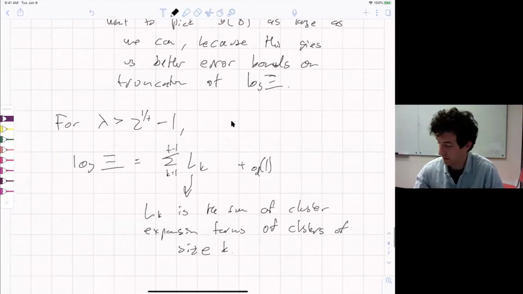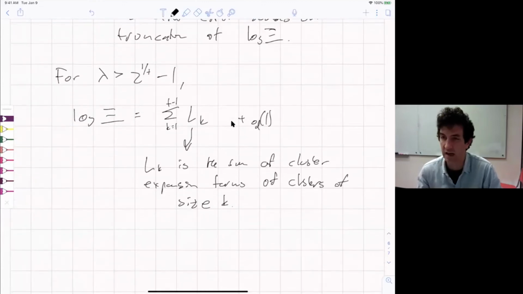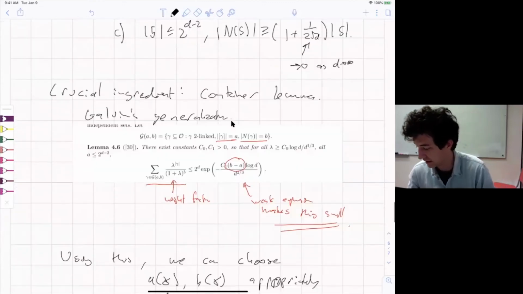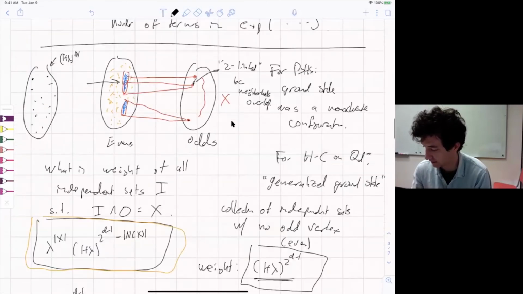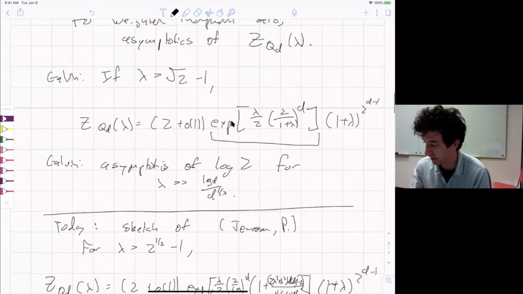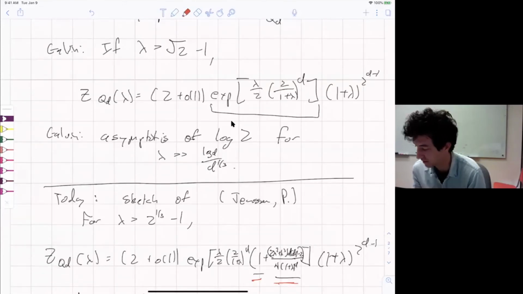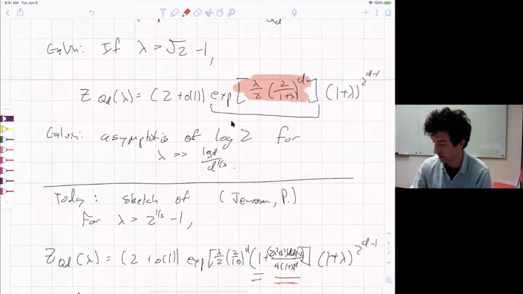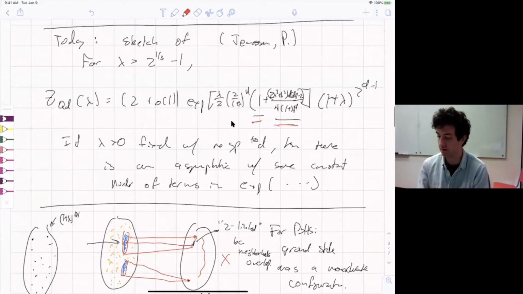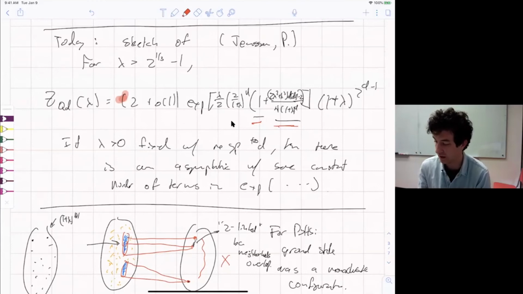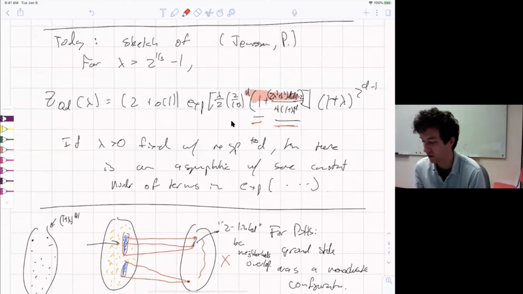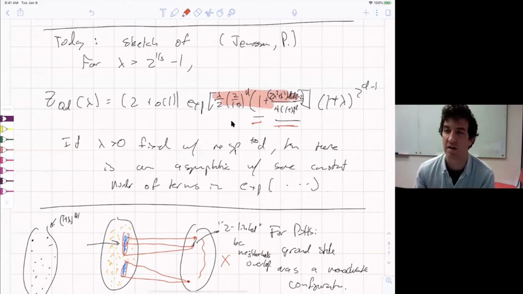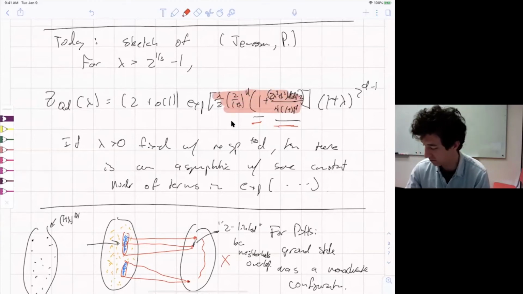And these terms are exactly the terms that appear in, say, the asymptotic formula for Z. So in Galvin's result, we just need one term of the cluster expansion to get asymptotics. If you go a little bit further down, to 2 to the 1/3 minus 1, then you get 2 terms here. If you go to 2 to the 1/4 minus 1, you would have 3 terms, and so on.